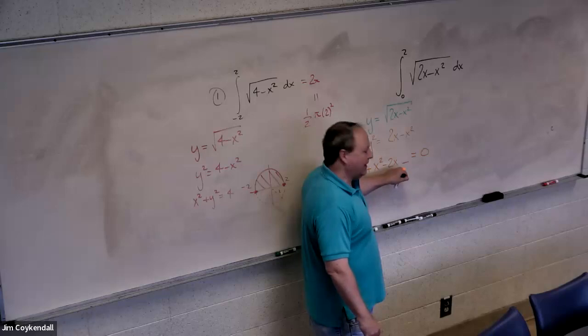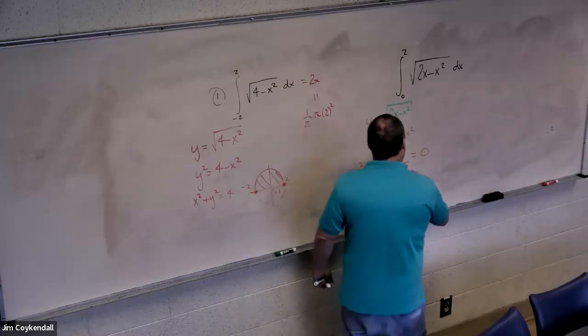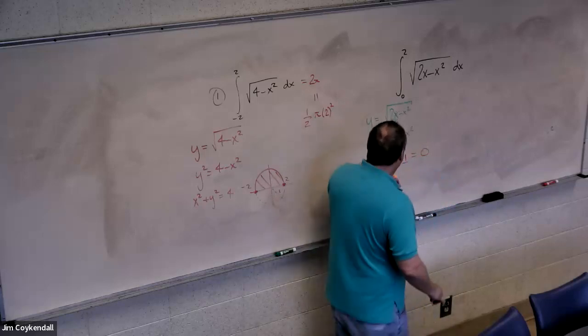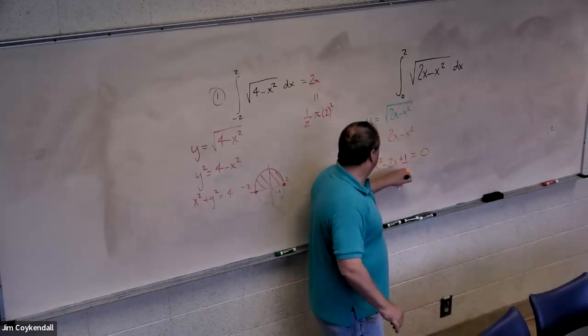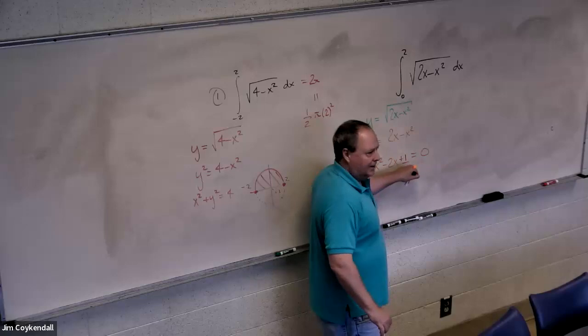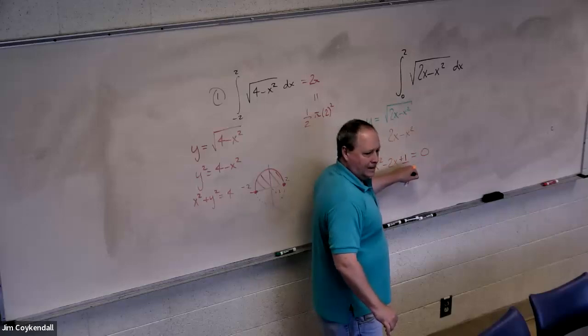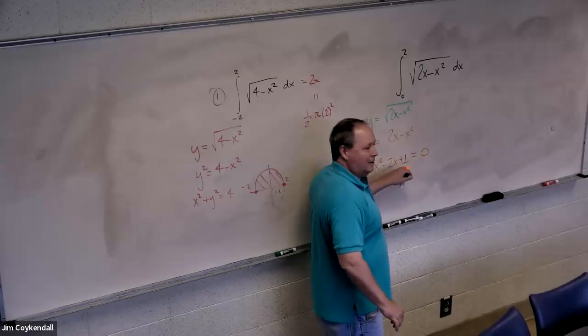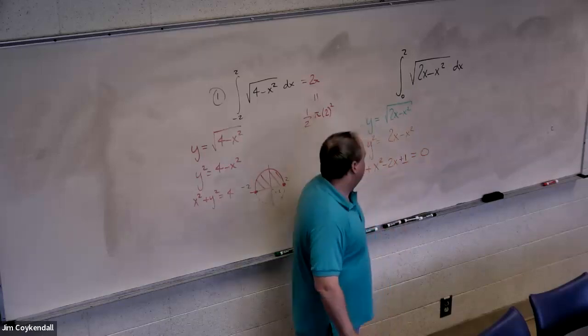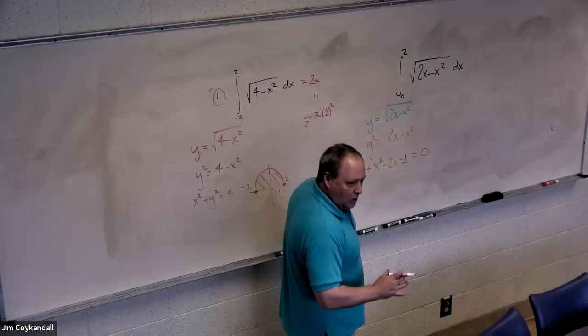Y'all remember how you take the x term and cut it in half and square it? So what's that one here? And let's see, why is this going to work? Yes, this is x minus 1 quantity squared.